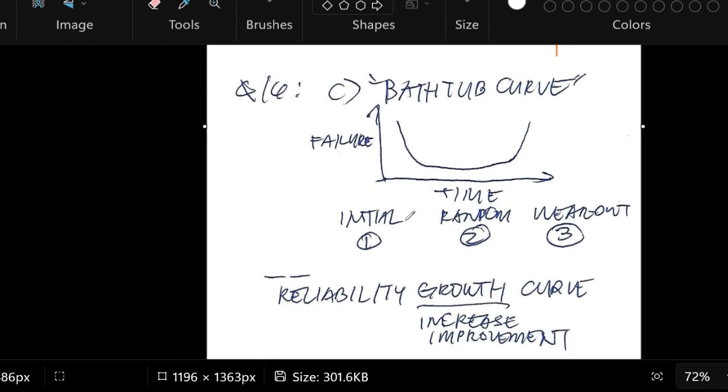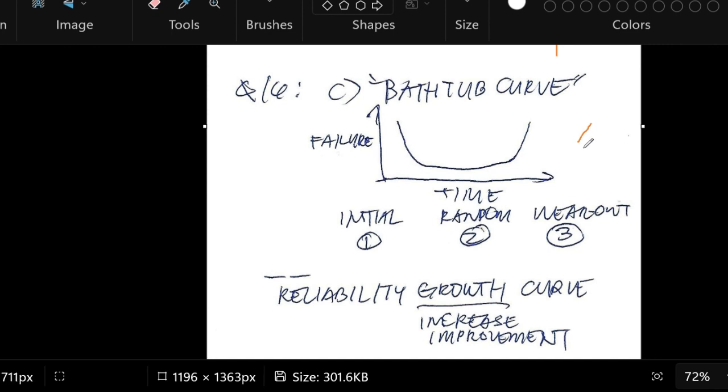So we go first with the initial, and then the part where you have a random set of failures, which is not too much. That's why we hit this plateau. And then when the device or the system increases its failure rate, it's because it's wearing out. So that's why you have this.